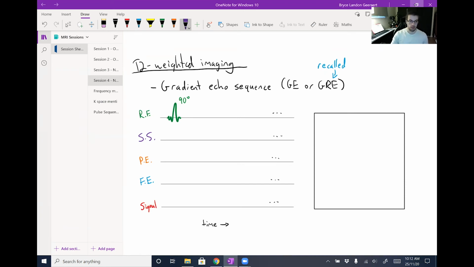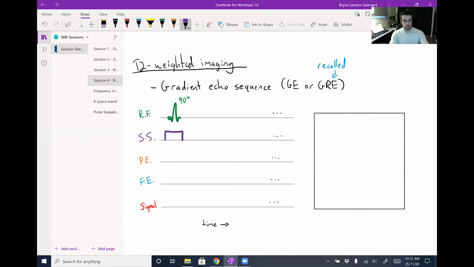So we're going to apply the slice selection gradient at the same time as our radiofrequency pulse in order to interact with spins or tip the NMV in one slice of tissue specifically. I'm going to draw that as a positive gradient. That represents that we're targeting a specific slice. In theory, the size of this box could tell us the amplitude of our slice selection gradient, although it's a little arbitrary in this diagram, which is fine by me.